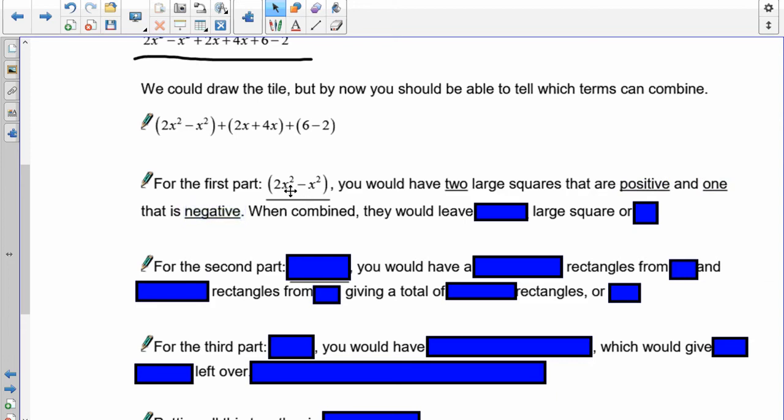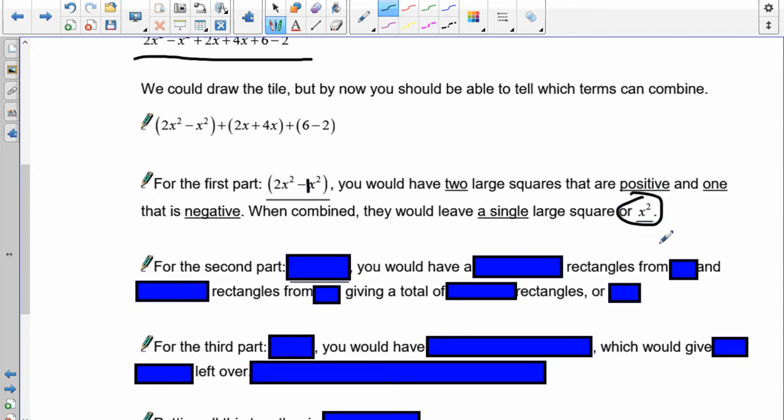We have 2 which are positive, one which is negative. So the big one, positive, and the big one, negative, cancel out. So you're left with a single x squared left. Now remember, this x squared has a coefficient. It's a 1, right? So 2x squareds, remove one of the x squareds, leaves you with just an x squared left.